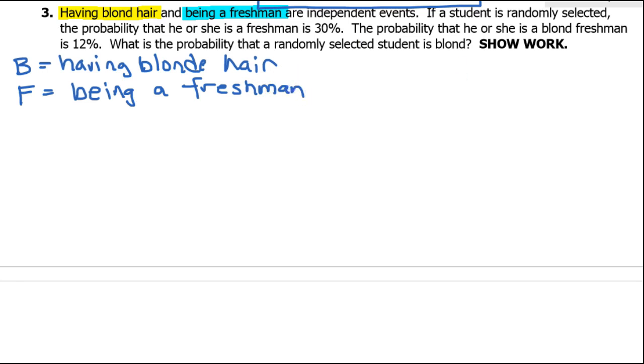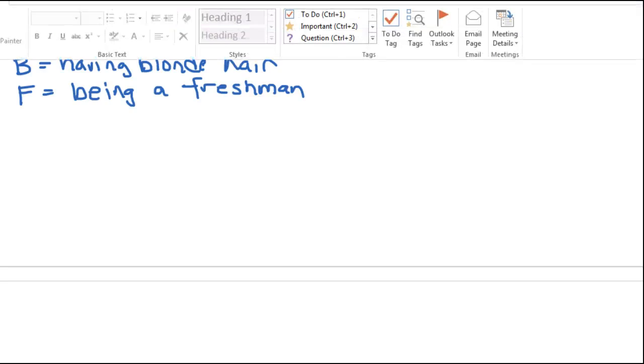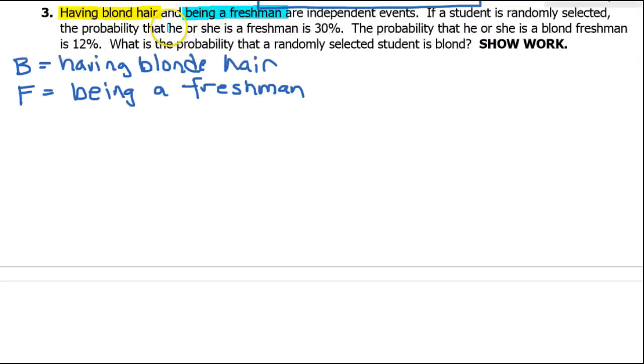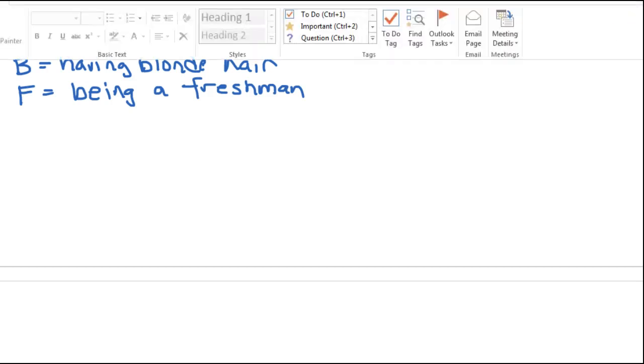Now, what else you got? If a student is randomly selected, the probability that he or she is a freshman is 30%. The probability that he or she is a blonde freshman, that's both of them at the same time, is 12%.